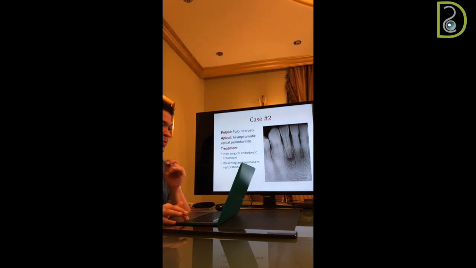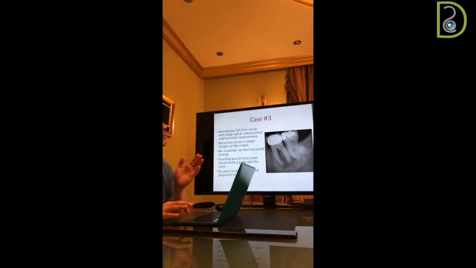Case number 3, we have a mandibular first molar with a large apical radiolucency and furcation involvement, recurrent caries in the distal margin of the crown, if you see here. So recurrent caries here in the margin, and no response to cold test.